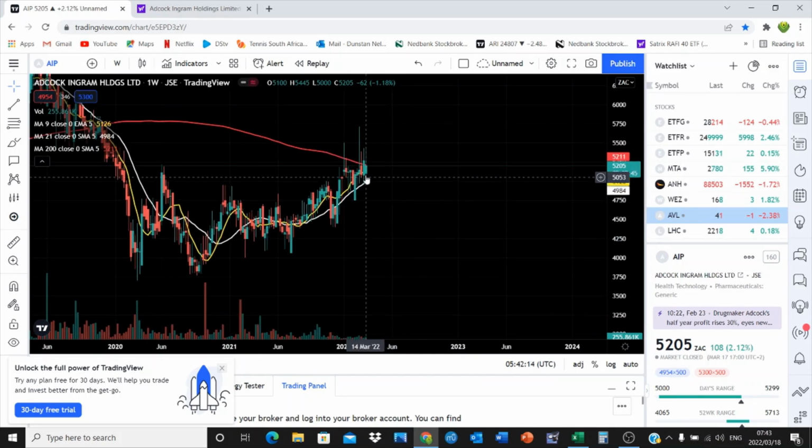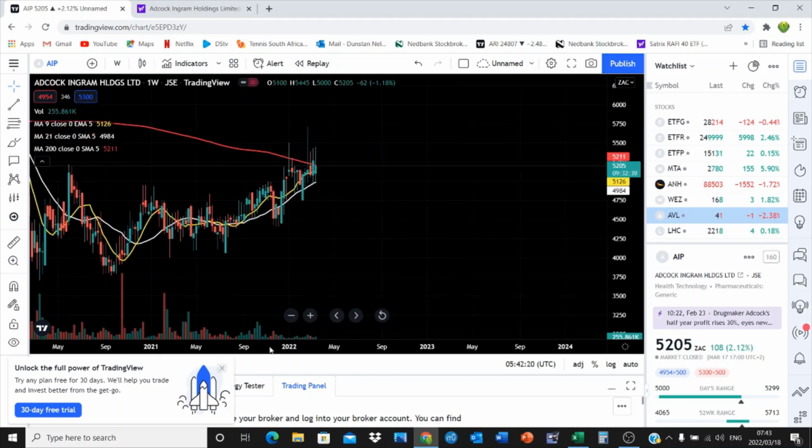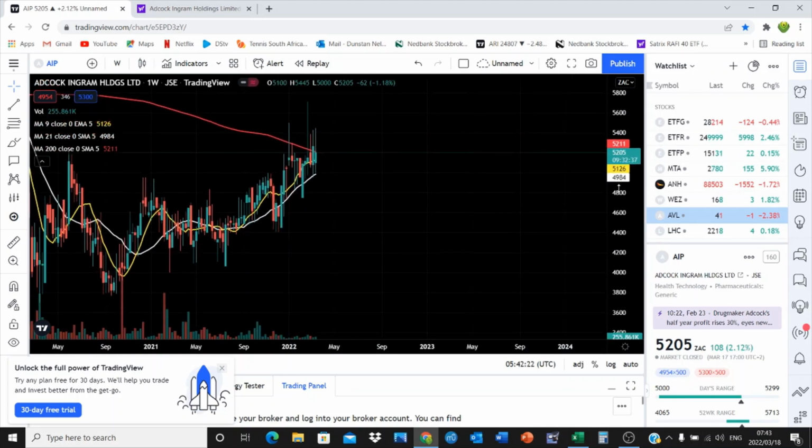We can see a couple of green bars here. However, it's not very decisive. What I have here, and this is what I always use, is a 9-period EMA, which is an exponential moving average. This gives a bit more weight to the last few periods versus the previous ones.